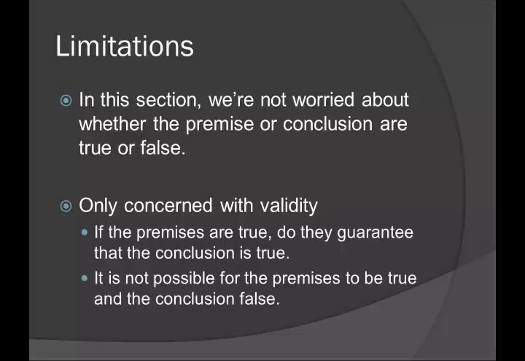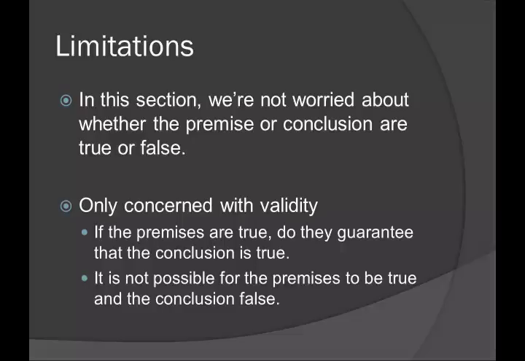And again, here are 2 ways of stating what it means for an argument to be valid. Ready? If the premises are true, do they guarantee that the conclusion is true? That's what it is. If an argument is valid, then if the premises are true, they will guarantee that the conclusion is true. But here's another way to conceive of that same idea. Is it possible for the premises to be true and the conclusion to be false?